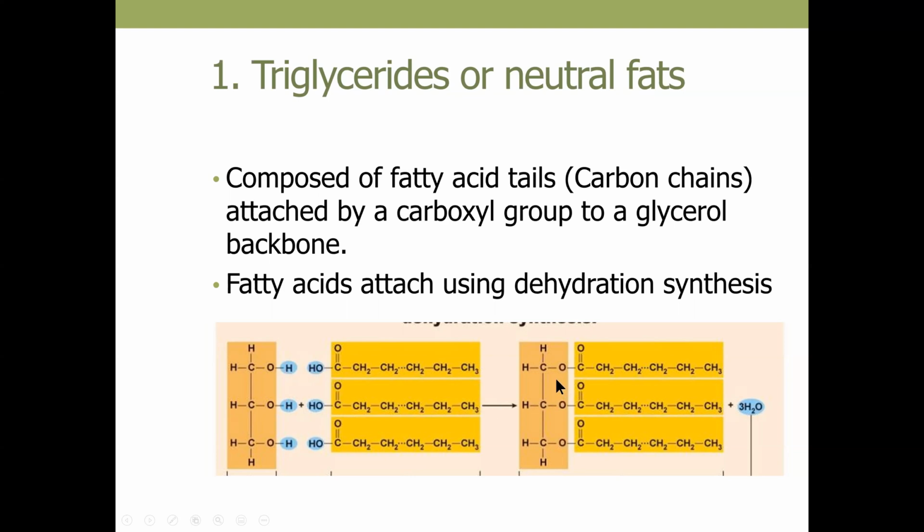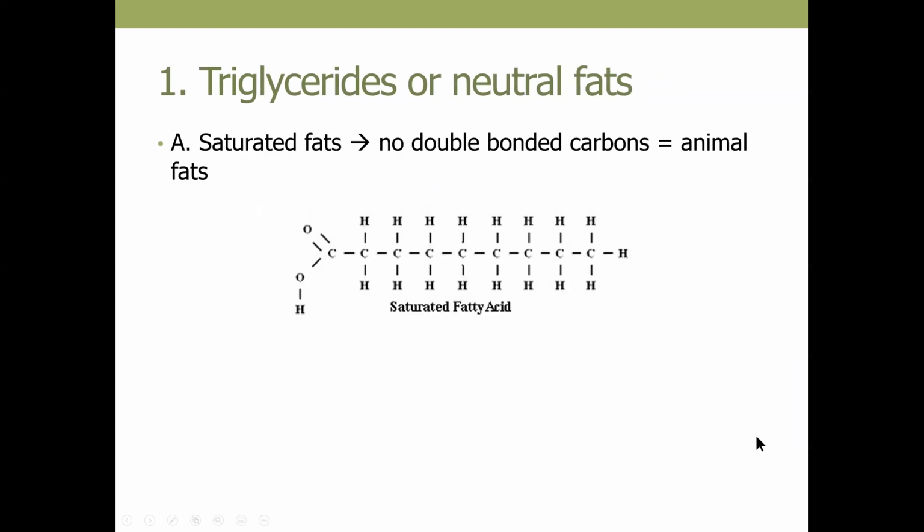Now we have a carbon-oxygen-carbon bond. We have removed water here, so now this glycerol backbone is joined to these three long chain fatty acids. That's called dehydration synthesis. We saw that in the monosaccharides, and now we see it in triglycerides.